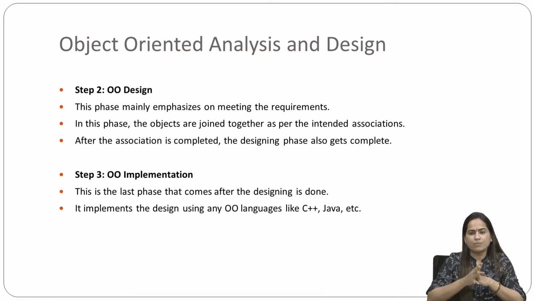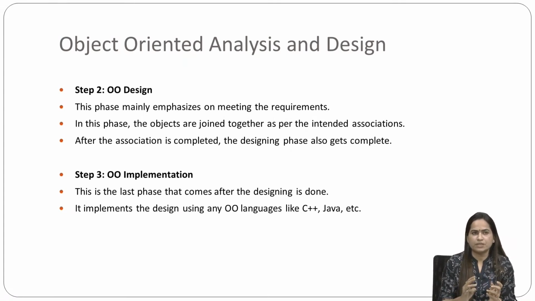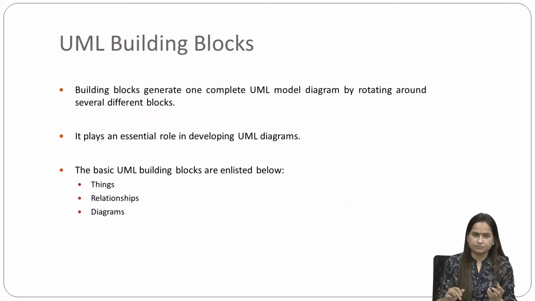Second one, object-oriented design, in which we create associations, combining them together, and as it completes, the designing gets complete. And third step, object-oriented implementation, which implements the design with the help of object-oriented languages.